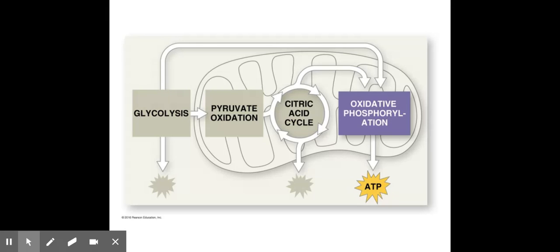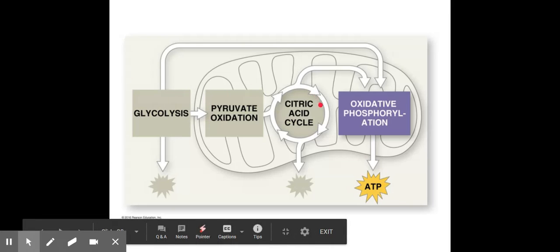In that matrix, it'll strip away some enzymes and convert NAD plus to NADH. We have this coenzyme that adds in, but basically our pyruvate is transformed into 2 acetyl-CoA molecules. And then those acetyl-CoAs will enter into the citric acid cycle over here.